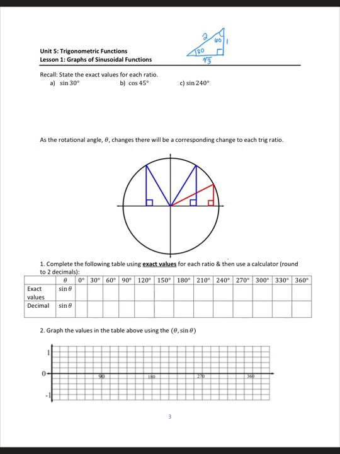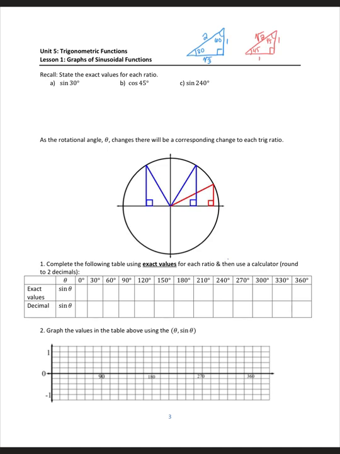The other special triangle that we learned was a 45, 45, 90. That's where both angles are 45, and the sides opposite both of them are 1, and our hypotenuse, the side across from our right angle, is radical 2. So we're going to use those special triangles to identify the exact values of these ratios.